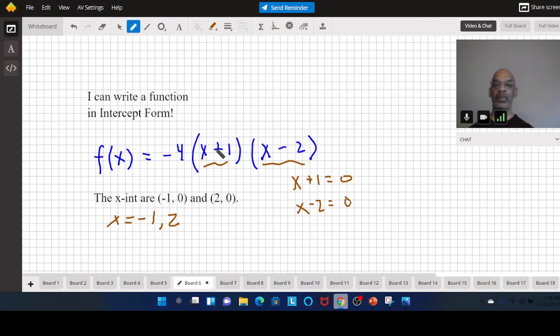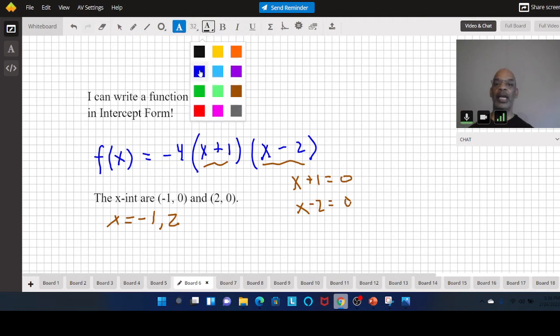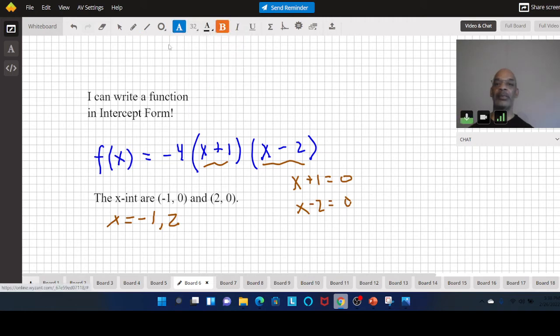Intercept form is also known as factored form. Factor the quadratic function and you get intercept form.